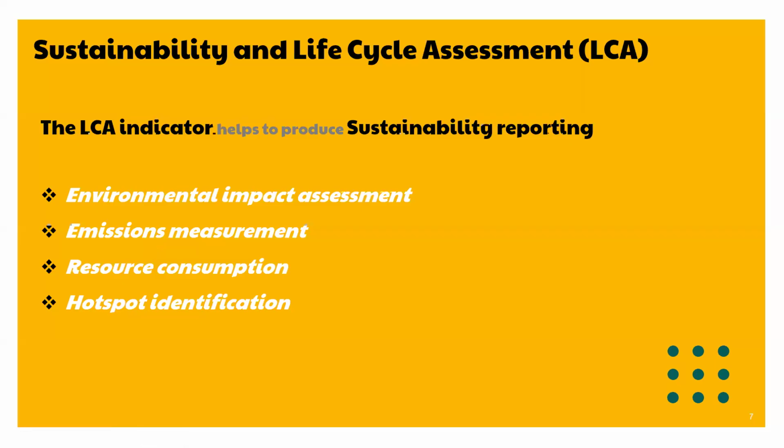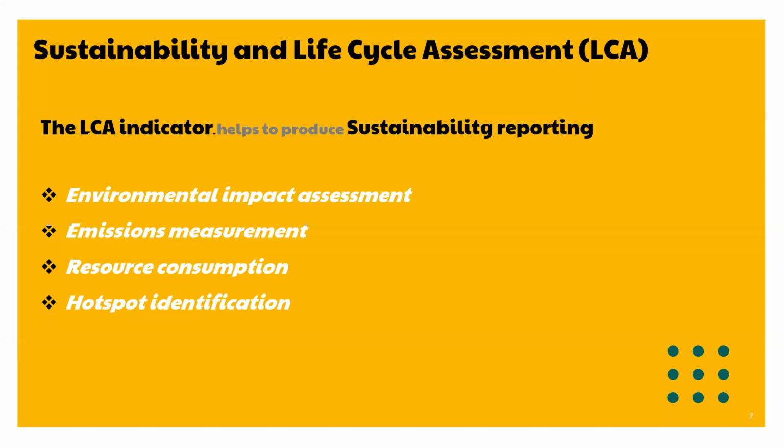So moving forward, let us see what aspects of sustainability will benefit from life cycle assessment. As you can see here, the first one is environmental impact assessment. The life cycle assessment tool will help you to understand the environmental impact of a product. For example, if you want to measure the environmental impact of a coffee cup, life cycle assessment will help you to map out the entire process chain within the coffee cup manufacturing process, and analyze the environmental impact associated with that particular manufacturing.